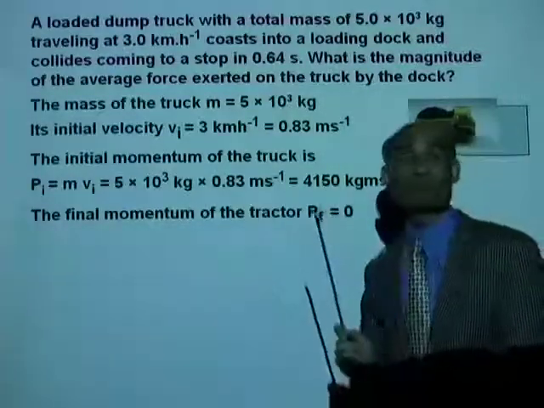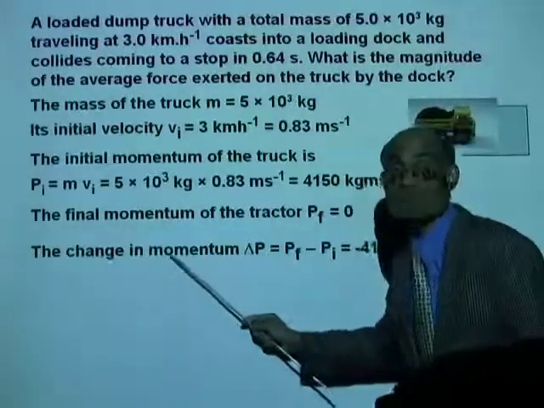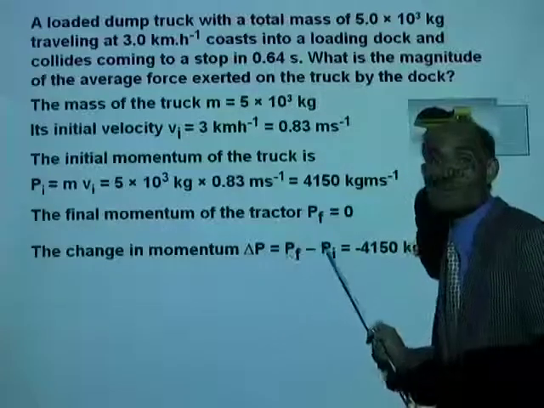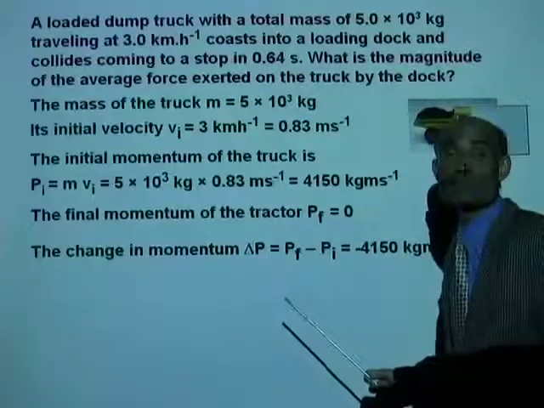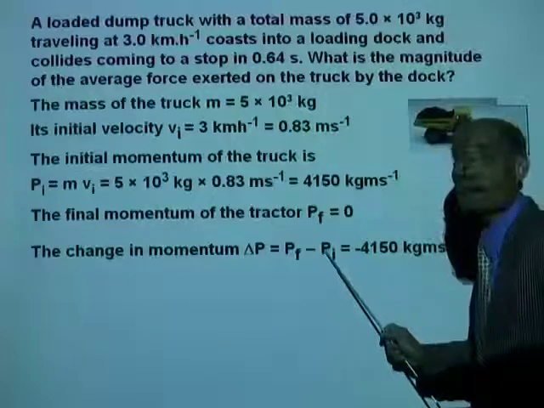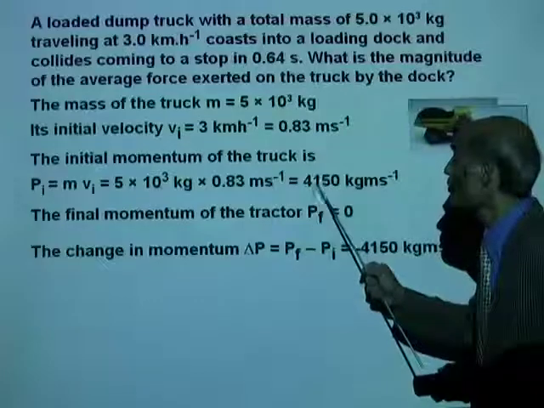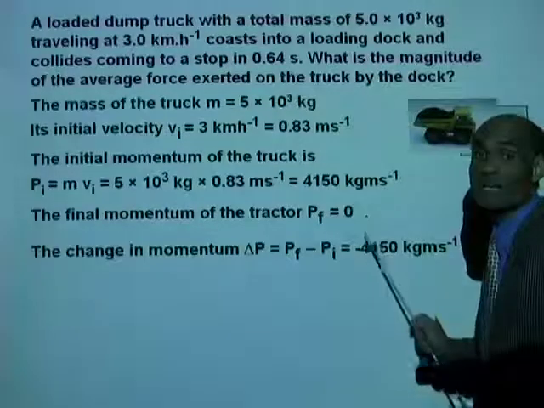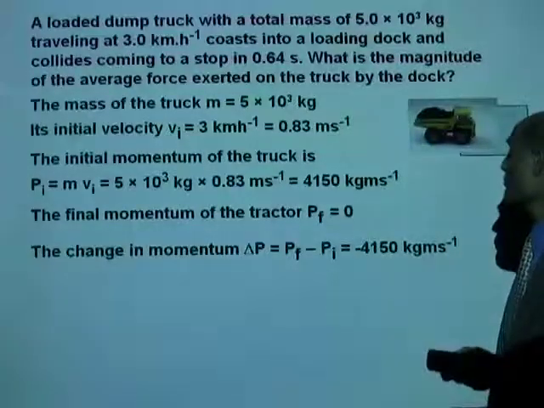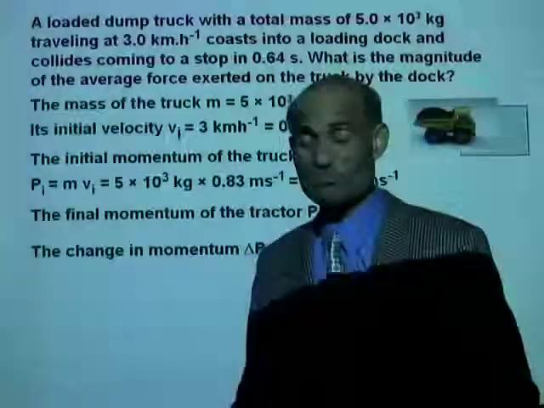Its final momentum is 0. What is the change in momentum? Change in momentum is final momentum minus the initial momentum. So delta P is Pf minus Pi. That will be 0 minus 4,150. That is negative 4,150 kilogram meter per second.